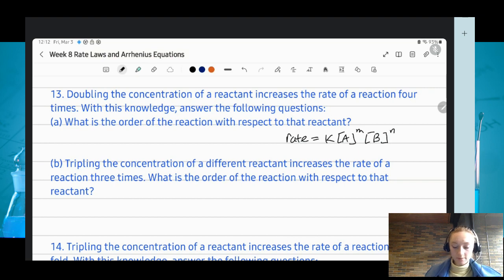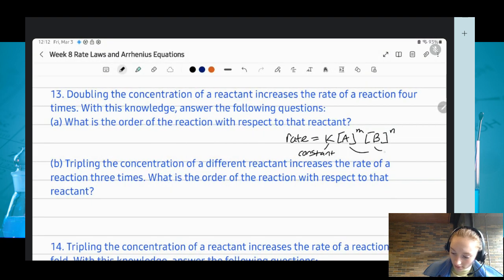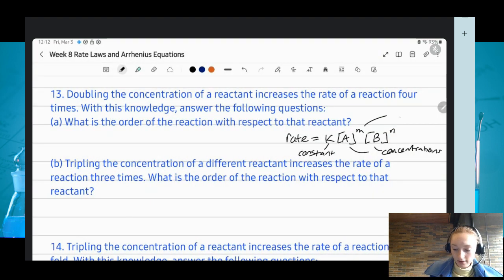So what all of this means is that k is a constant here. The A and the B are concentrations of a molecule or atom or anything like that. And then the m and the n are the order numbers.